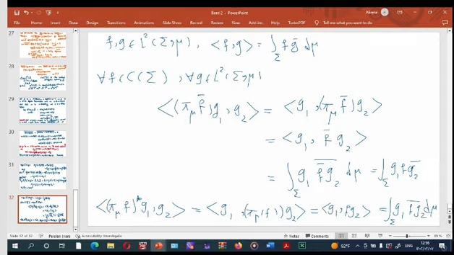Okay, dear students, please. Okay, so we see that this proof is for star preserving, okay?